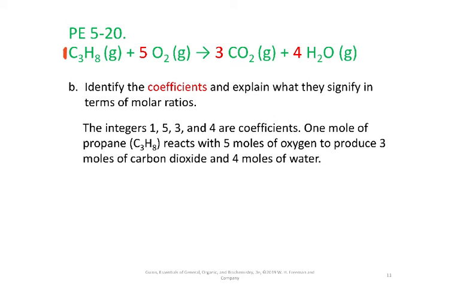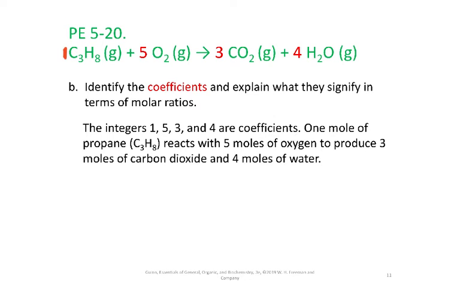So this would mean that 1 mole of propane reacts with 5 moles of oxygen to produce 3 moles of carbon dioxide and 4 moles of water. Any of those could be turned into what we call a mole ratio and used as a conversion factor.